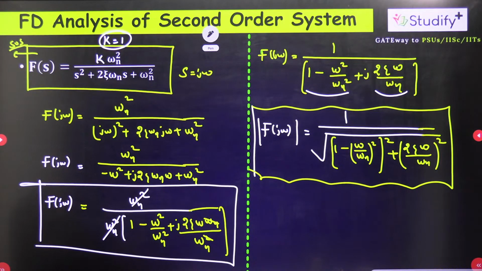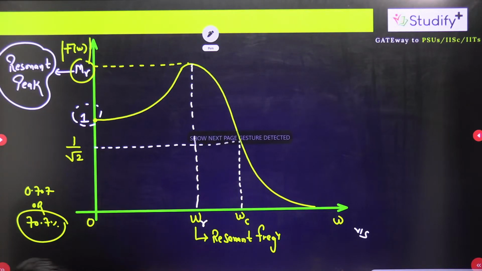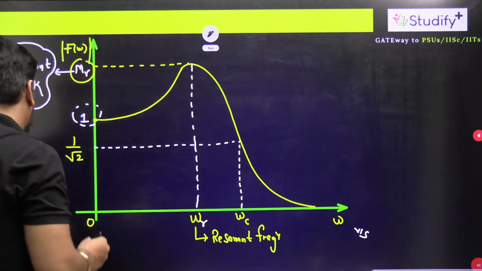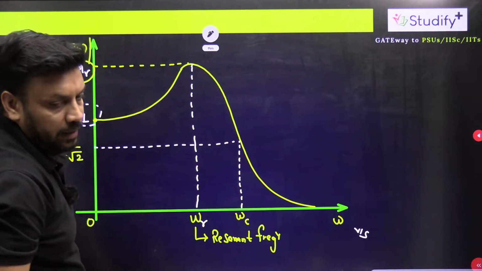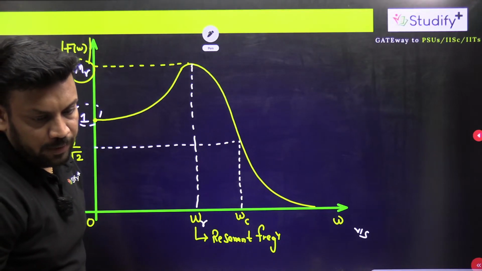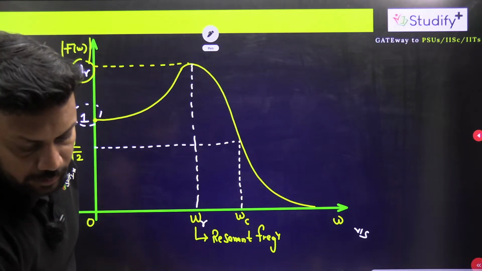Completed. Shall we go for next? So now student, first make a heading, resonant frequency. After this diagram, make a heading, resonant frequency. This slide also completed?